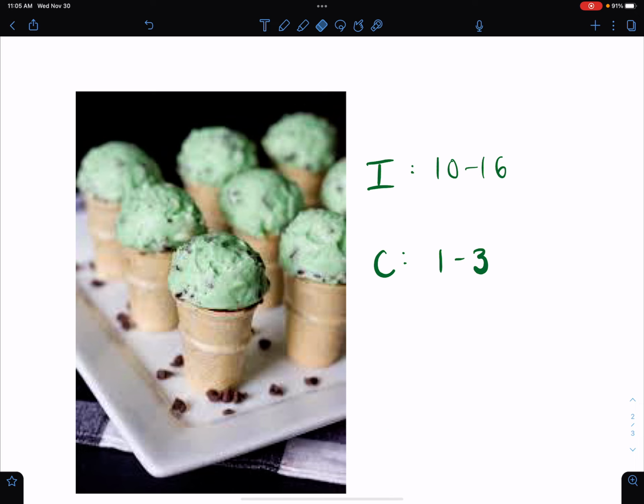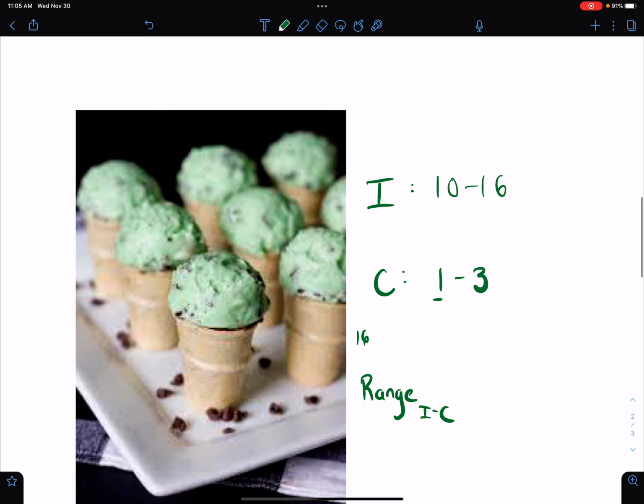So if I was to find the range of I minus C, we would take the largest number that we have for the ice cream. The largest the ice cream can be is 16. So I take 16, and then the highest in the difference would be the highest I and the lowest cone value. The lowest cone that we have is 1 ounce.